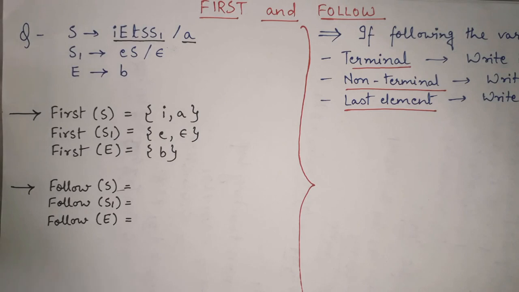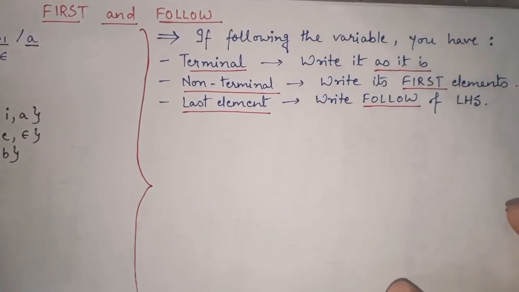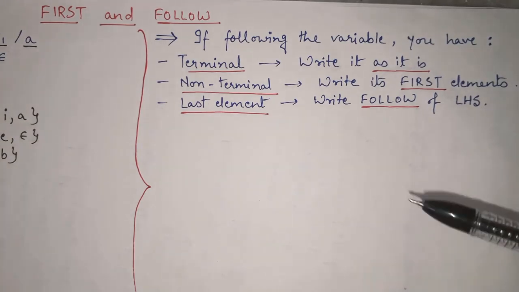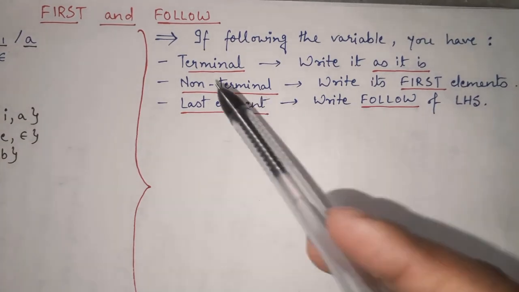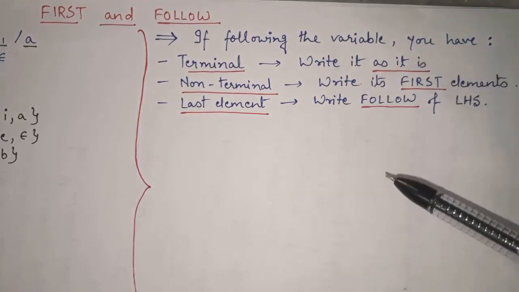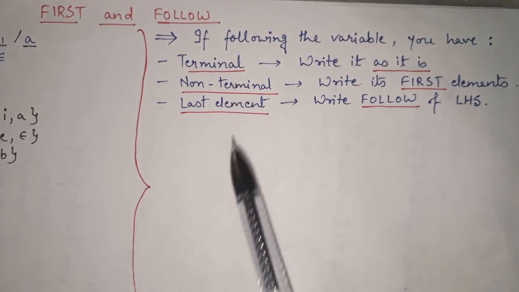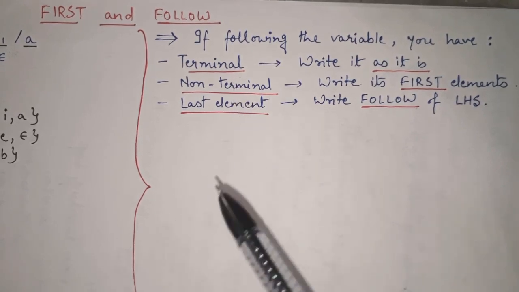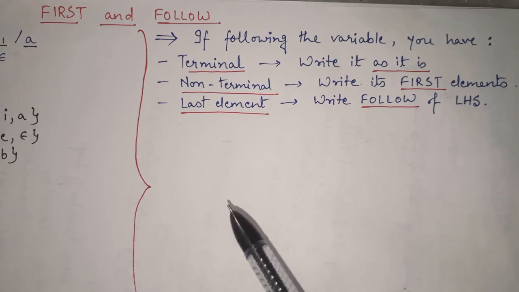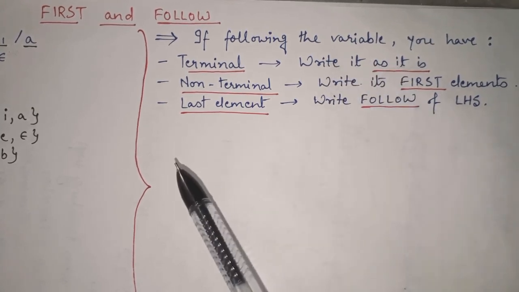So how to take the decision? The rules are here. First of all, you have to check what is following that particular variable. If what follows the variable is a terminal, we will write it as it is. Terminal means the small character, small a, small b, small c. If we are having any terminal, we will write it as it is in our set.